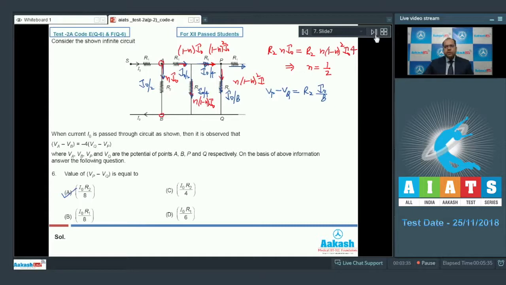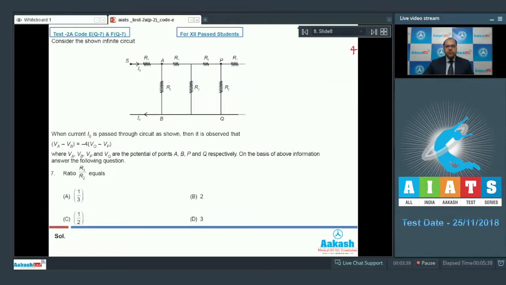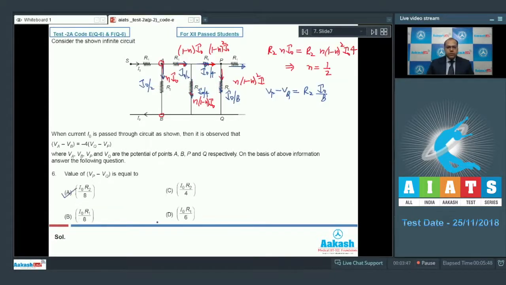Let's move to question number 7. In question number 7, we have to calculate the ratio of R1 by R2. So if I apply the loop equation in this segment, then I can write R1 into I0 by 2 plus R2 into I0 by 4 minus R2, because I am moving in the opposite direction to the flow of current, into I0 by 2, and this must be equal to 0 from the KVL.